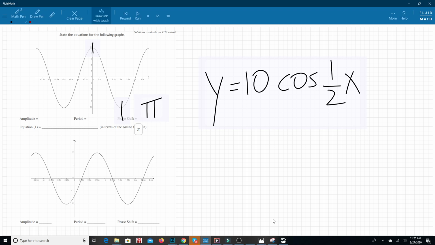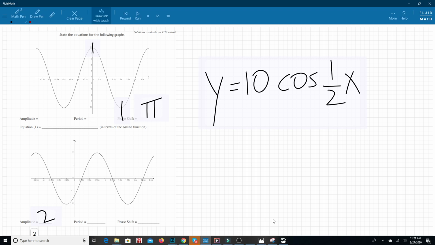You can tell if it has a phase shift if I can move it back by the amount it moved and still retain the exact traditional curve, either cosine or sine curve. The amplitude for question 2 is going to be 2.